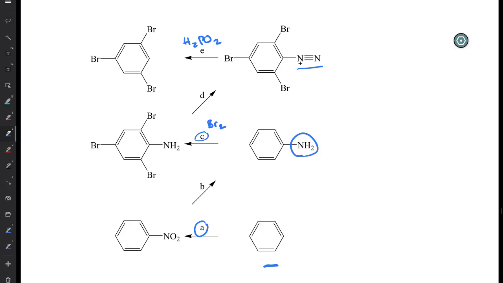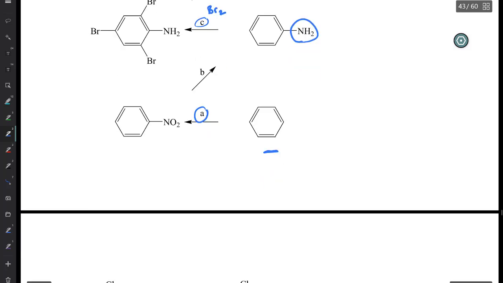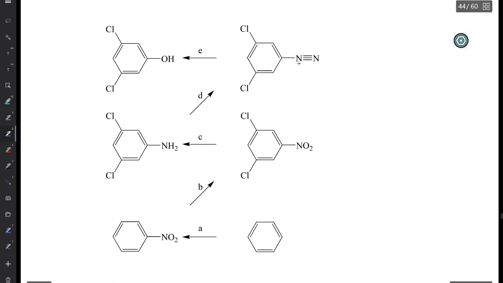Now, if you see something like this and it has an OH group, you could have done the diazonium salt to put the OH group on there as well. This is the one we were talking about before. I have a benzene ring, and I need an OH group with the Cl groups in the meta position.